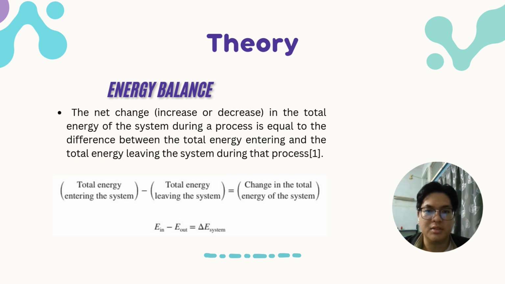Now we are at the theory part. The first is the energy balance. It is the net change, increase or decrease, in the total energy of the system during a process, and it is equal to the difference between the total energy entering and the total energy leaving the system during that process. In simple terms, looking at the equation below, the total energy entering minus the total energy leaving gives us the change in the total energy of the system.